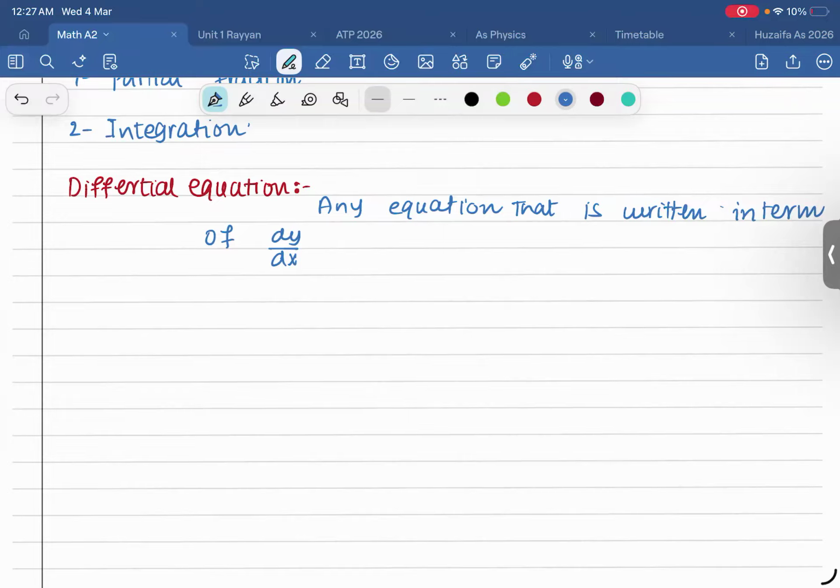In general, we say that any physical thing that is changing, and you want to write that change in mathematical form, is a differential equation.